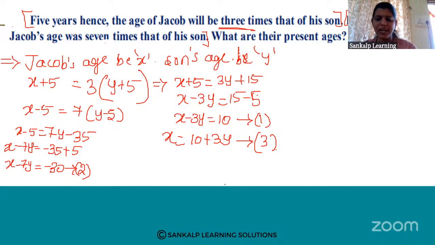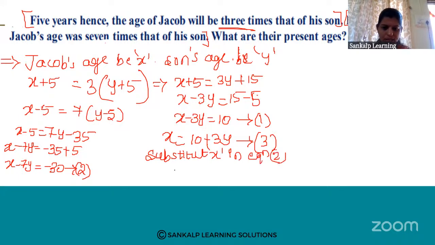I got the X value. The exact X value is not found yet, but I will substitute this X value in equation number 1 or 2, right? Now, substitute the X value in equation number 2.